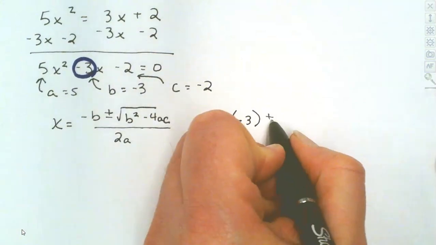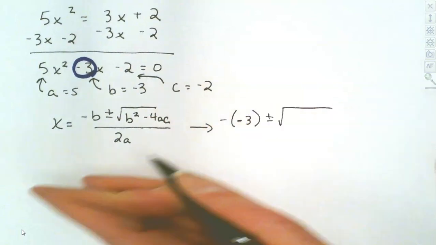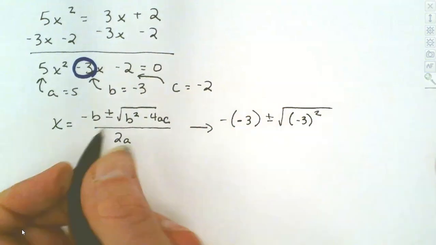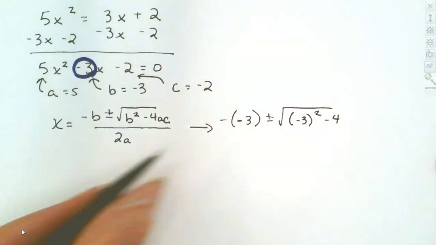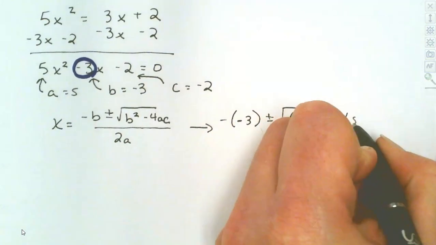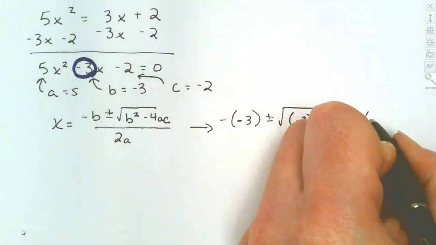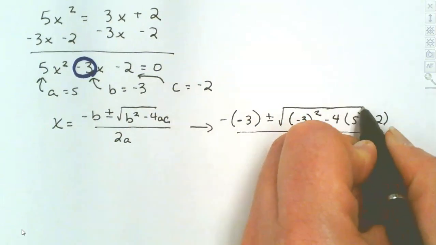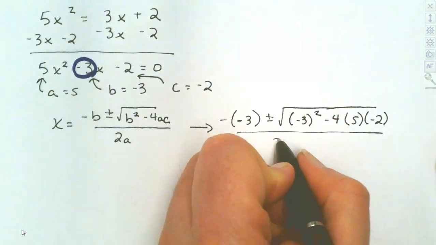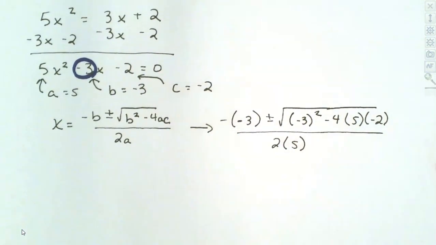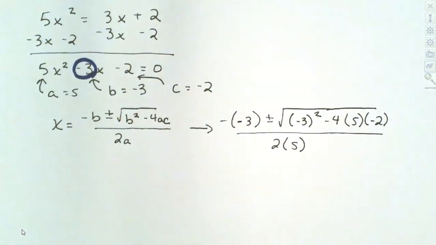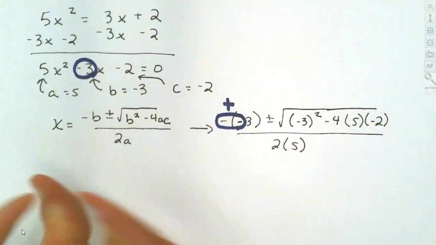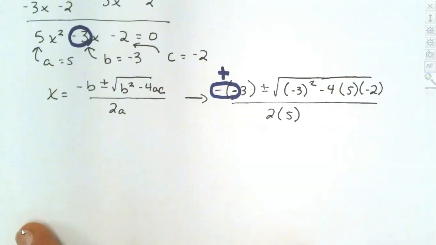And we have a plus or minus the square root of a minus 3 squared minus 4 times 5 times a negative 2 all over 2a, which is a 2 times a 5. And we know that double negative at this 3 is going to make that now positive. So we'll write that here in a moment.